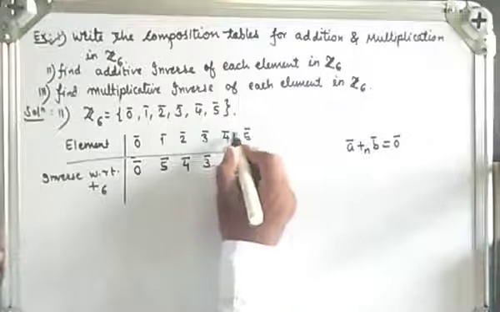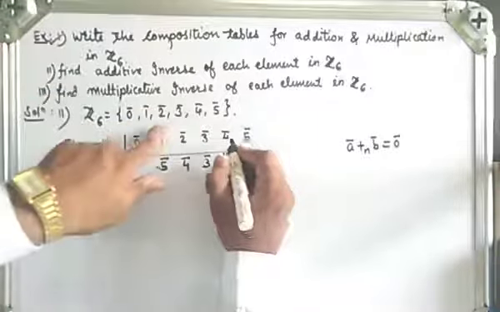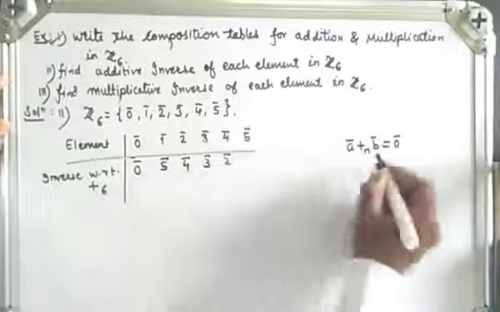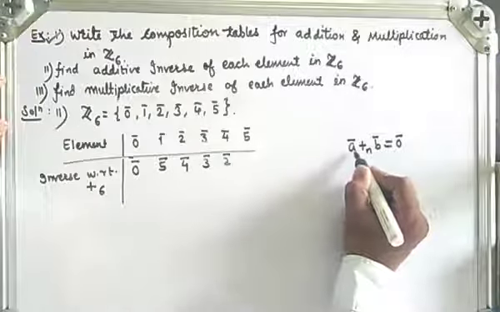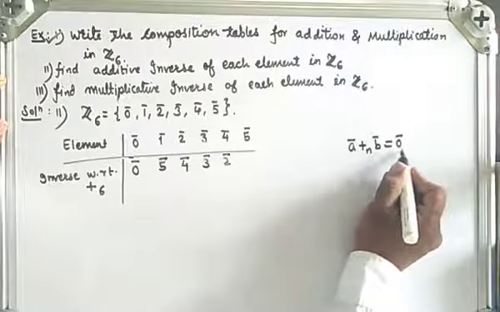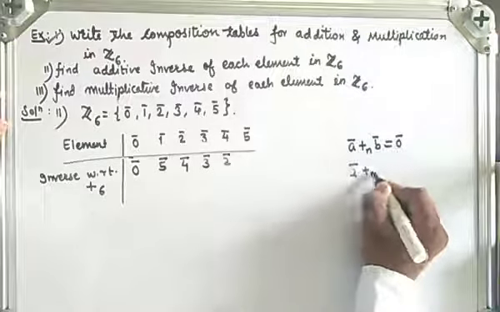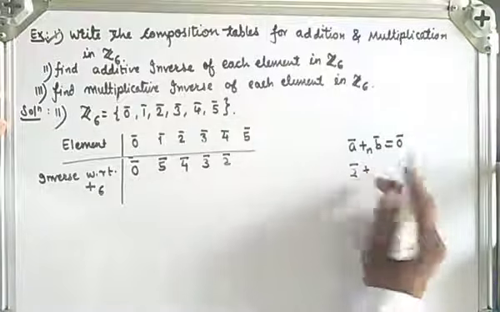Next 4 bar. If I add 4 bar with 2 bar, then addition will be 6, and 6 modulo 6 will be 0. By using this definition, A bar addition modulo n, B bar is equal to 0, here addition modulo 6.